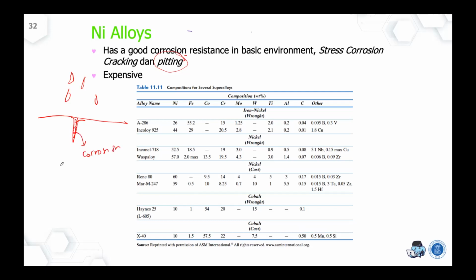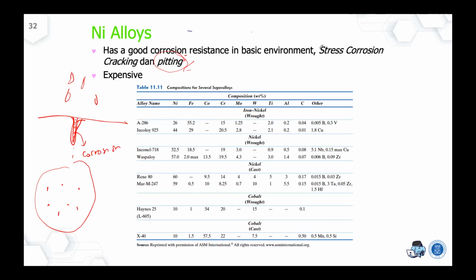From outside it looks like just a tiny dot, but if you slice it up, it goes down there, and it's very deep, and then it's very bad. So pitting is a very bad corrosion for steel. Okay, and nickel alloys actually can have a good resistance to pitting, so it can prevent pitting.